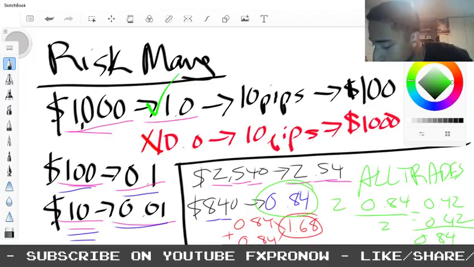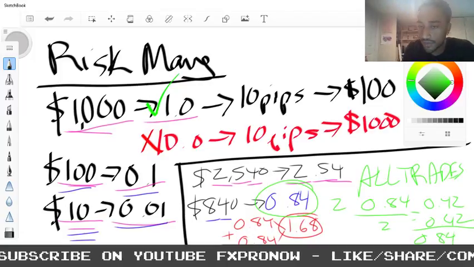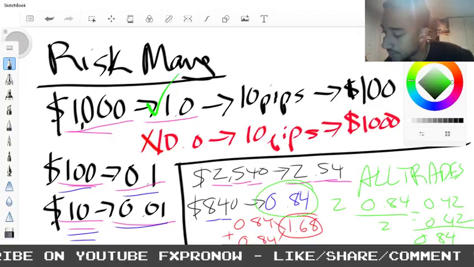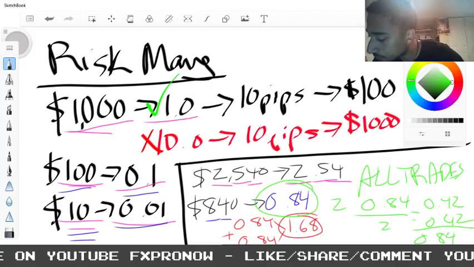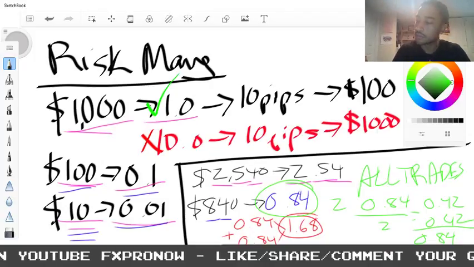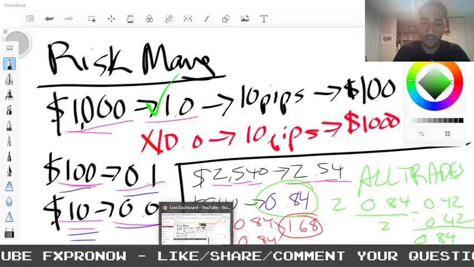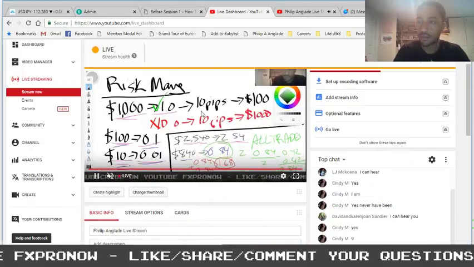Does that make sense? Very, very simple. So go ahead and take a picture of this as well. All right. Go ahead and take a picture of that as well. Okay.